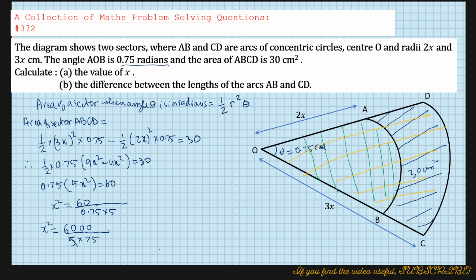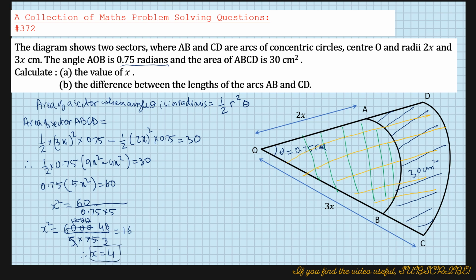Now 5 times 12 is 60, so 1200 divided by 75. 25 times 3 is 75 and 25 times 4 is 100, so that equals 16. Therefore x squared is 16, and therefore x equals 4.